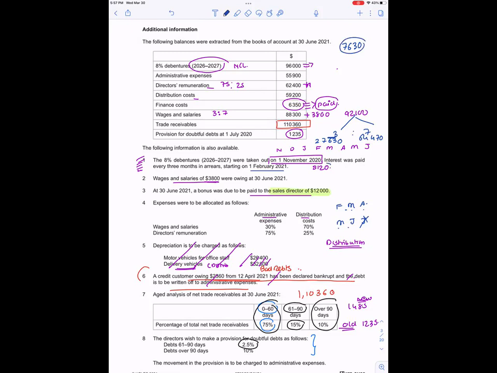We are getting finance cost as 5120. Per month finance cost is 640.